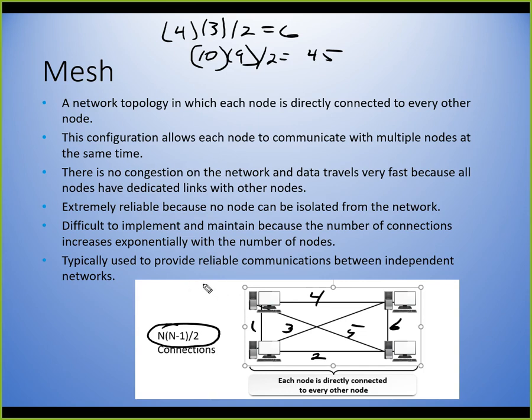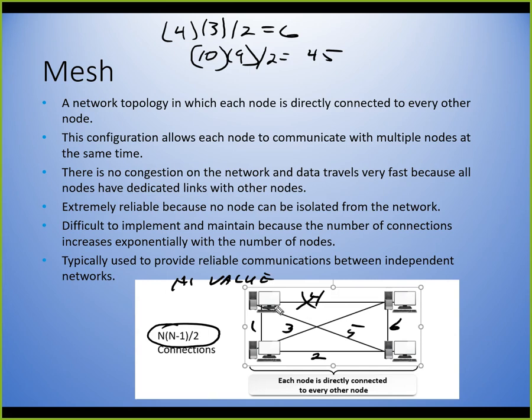Usually our high value units are going to be connected using a mesh topology. Each node can communicate with multiple nodes at the same time. Advantage here, if this connection goes down, I can still get there. I still have multiple paths to get from one location to the other location.